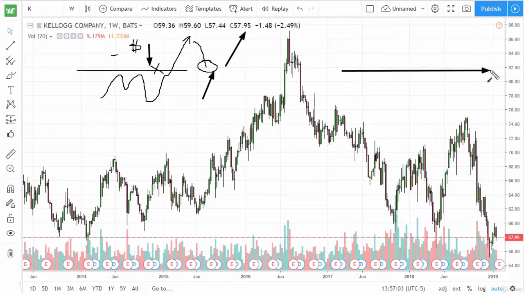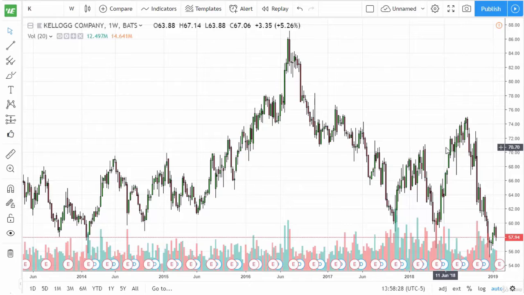And of course, it works in both ways. If you have support that finally was broken through, we may bounce back here. People who had been long are willing to close out the position here. Those who have been looking to short and saw this move but saw it too late are looking to get involved. It's called market memory.